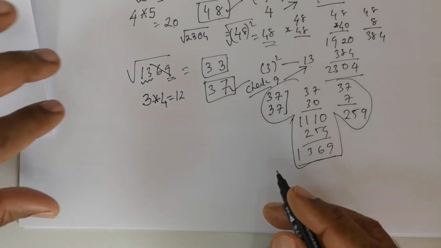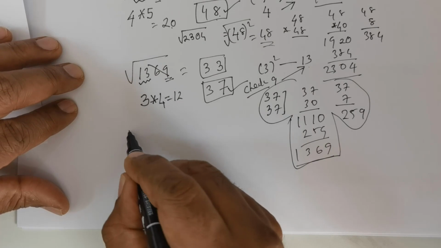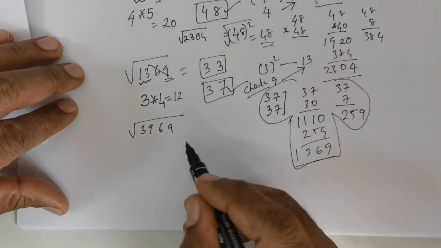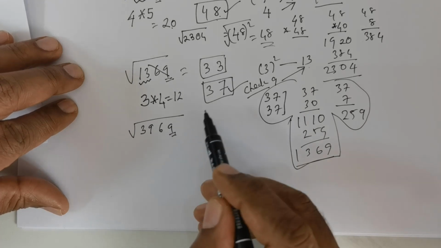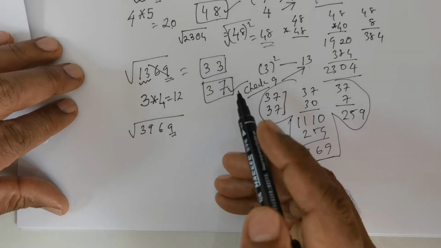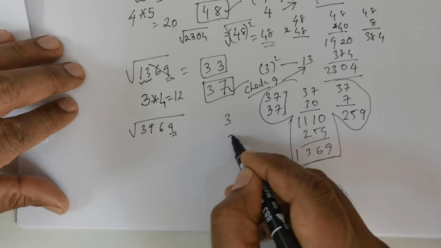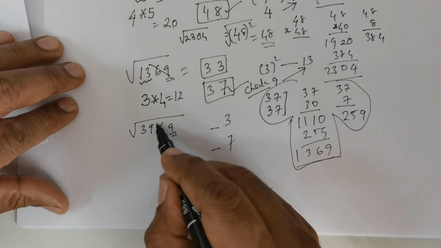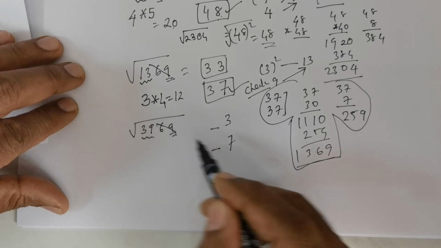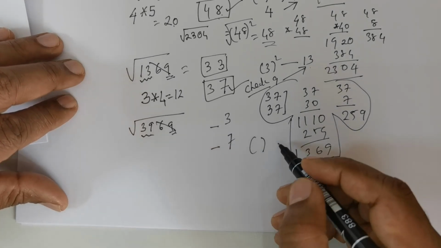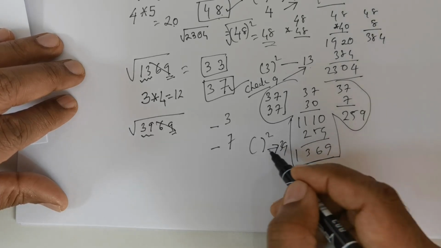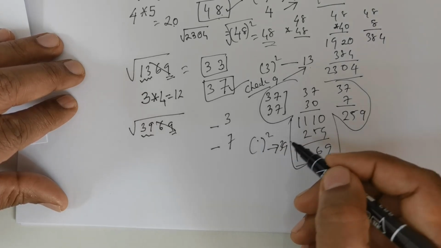Now let me move on to the next question. Say for example you got the square root of 3969. As I mentioned to you, this 9 is produced either by a 3 or by 7, so you can just place 3 and 7, so you have two numbers here. Now the next thing is you cancel this off and you get 39. Now you need to choose a number whose square will lead me closer to 39. In this case 7 squared is 49.